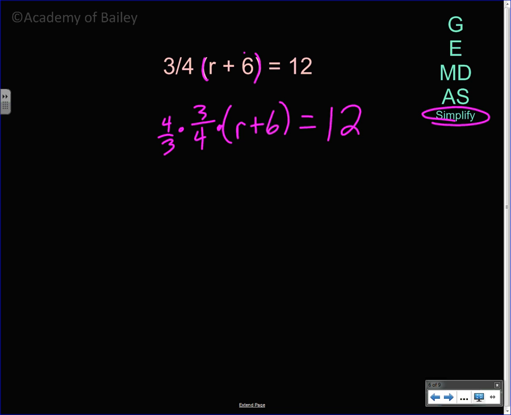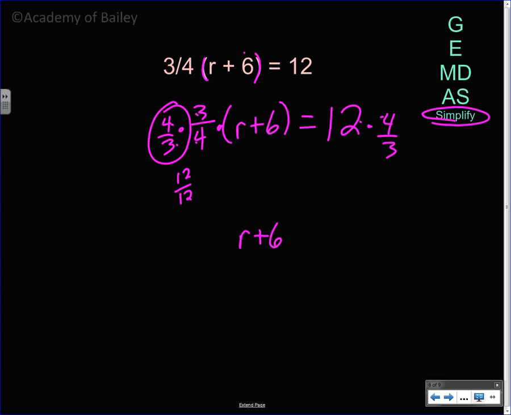And we notice that 4 times 3 is 12, 3 times 4 is 12, and that's equal to 1, which once we have this parentheses of r plus 6, we have an invisible 1 in front of it. And when that invisible 1's there, we can distribute it through everything inside, and we just get 1 times r plus 6. But remember, if you multiplied by the reciprocal on the left side, you have to multiply by the reciprocal on the right side.